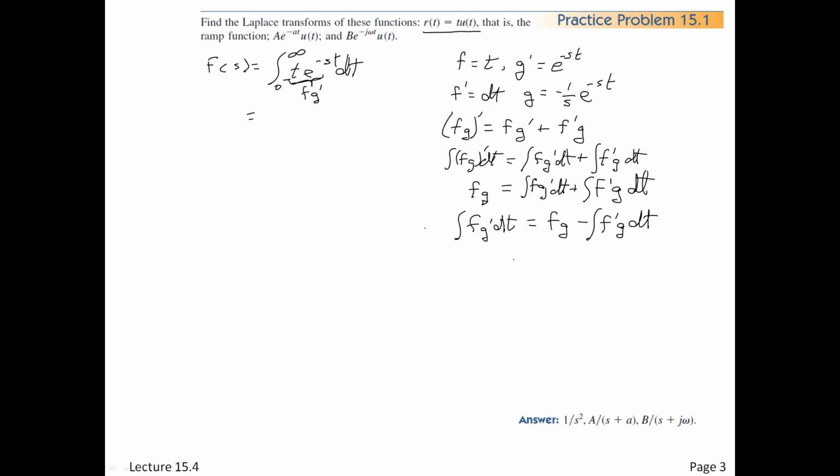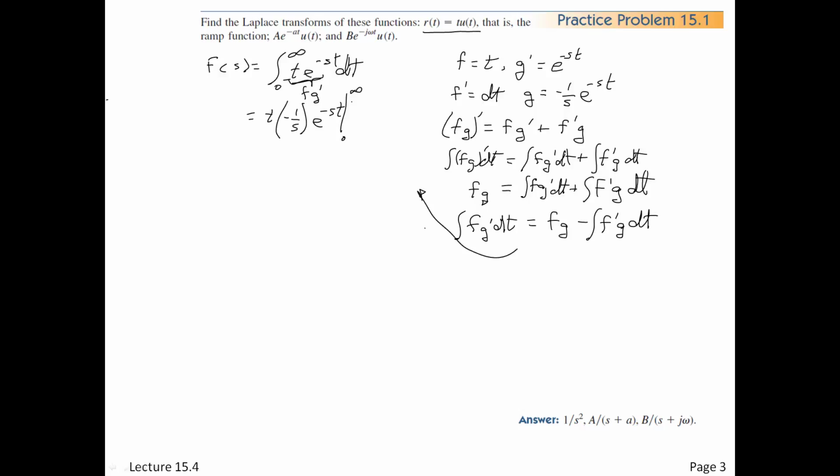So for us, here's our fg, so that'll be t times minus 1 over s e to the minus st. And this will, of course, evaluate between 0 and infinity, but that's all right.